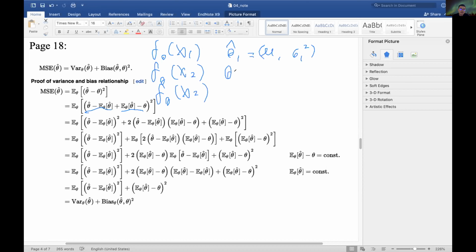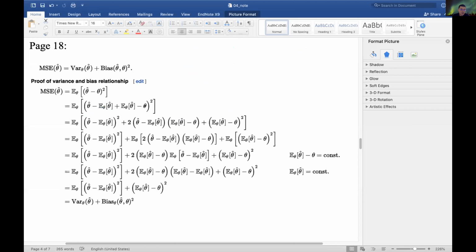This is fit on the second data set, this theta 2. So for different training data sets, your estimated value, the maximum likelihood estimator, may not be the ground truth. So there's some variance and bias.